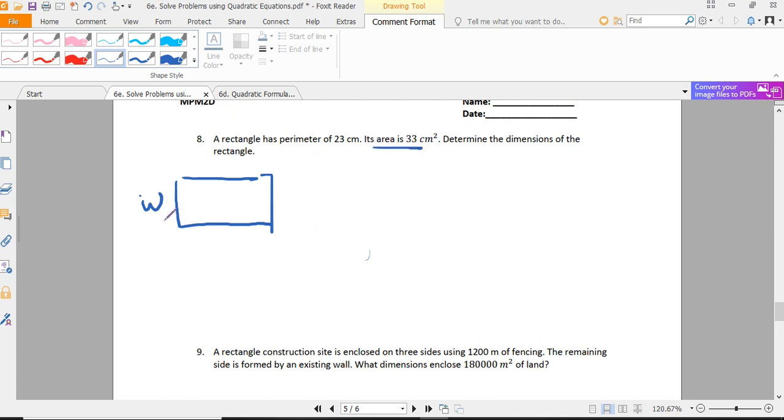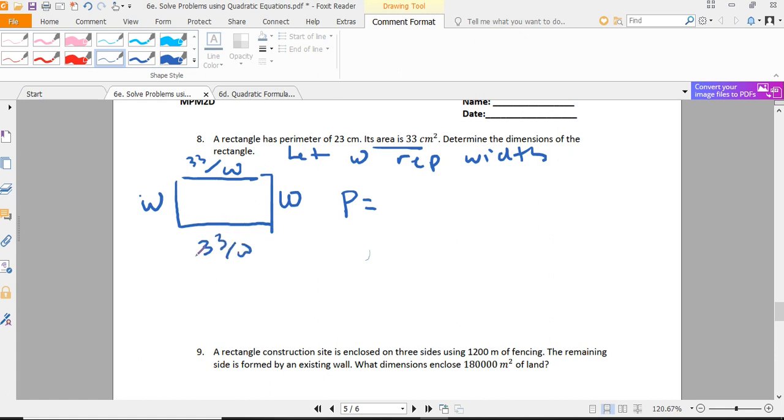If I know that's the area, and I know that's the width, so let W represent width, then this side would be 33 divided by W, because length times width is 33. So if the width was 5, then 33 divided by 5 must be the length. And then to find the perimeter, it's just perimeter equals W plus W.